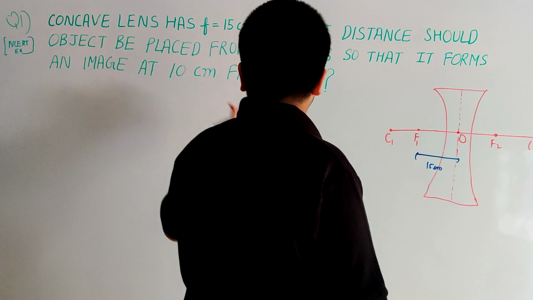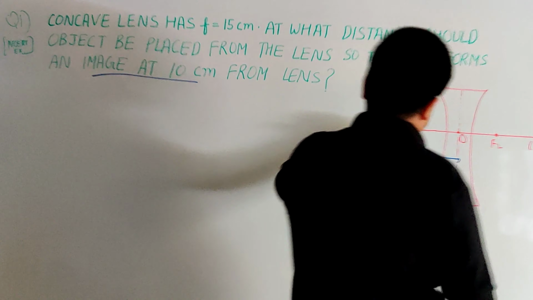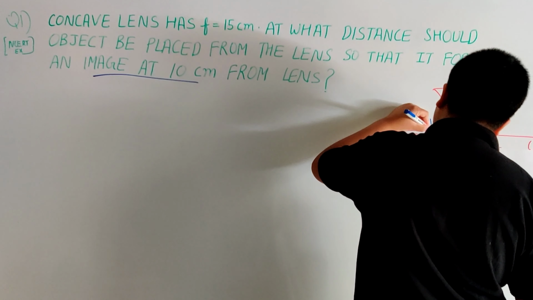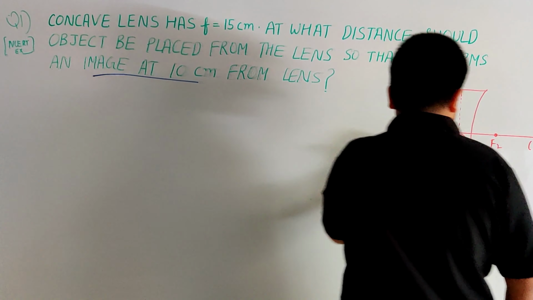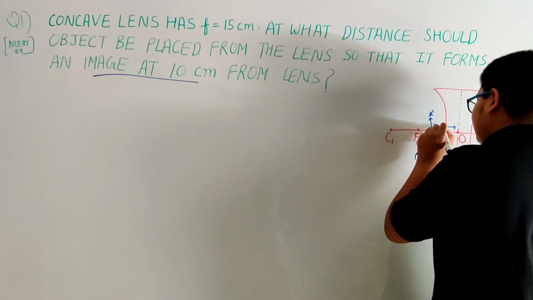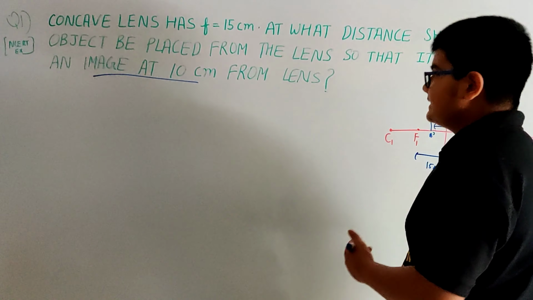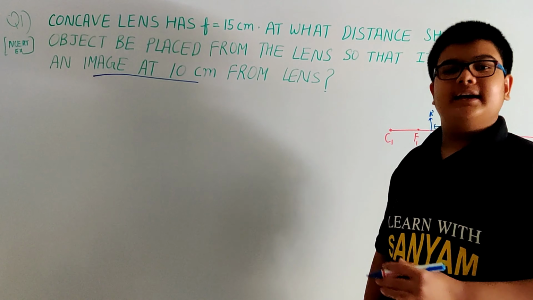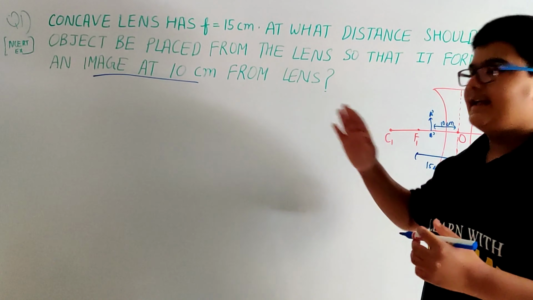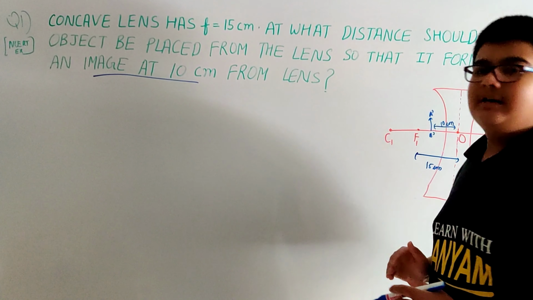And we are having an image. This is an image, let's say it to be A dash B dash, which is at a distance of 10 cm. And from all the previous examples which we looked at in the 5th lecture, we saw that always in a concave lens the image is formed on the same side as the object.